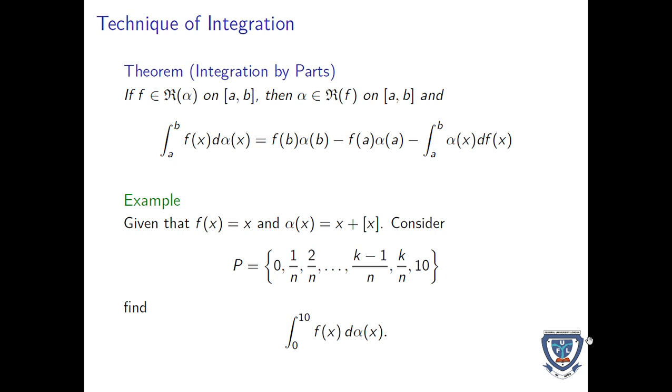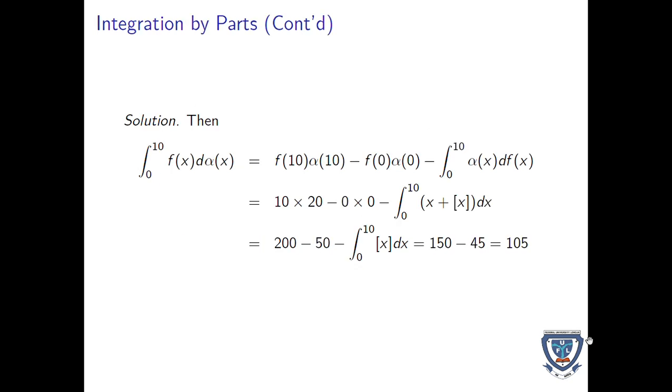Let's take an example. Say given that f(x) is equal to x and alpha(x) is equal to x plus the greatest integer function of x. Consider this partition from 0 to 10. Then find the integral from 0 to 10 of f(x) d alpha(x). Now using our integration by parts, it's going to look like this.